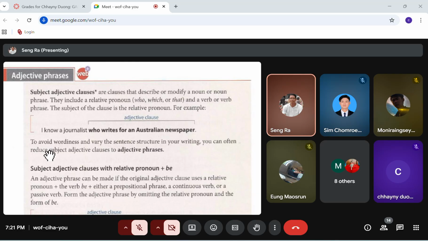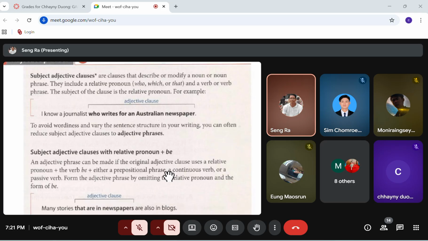Subject adjective clauses with the relative pronoun plus be. An adjective phrase can be made if the original adjective clause uses a relative pronoun plus the verb to be plus either a prepositional phrase, a continuous verb, or a passive verb.